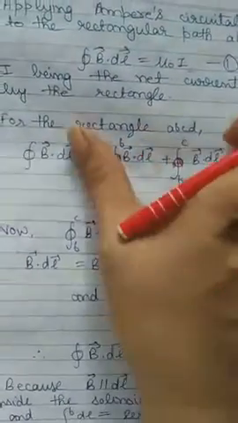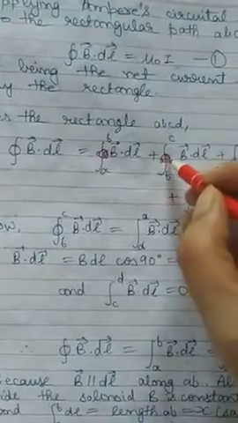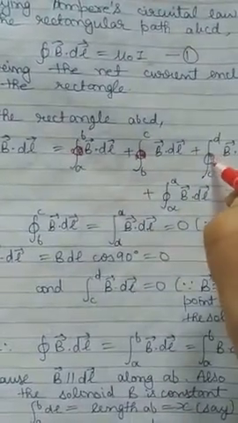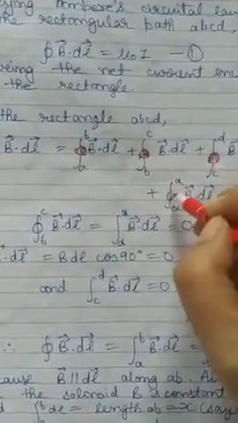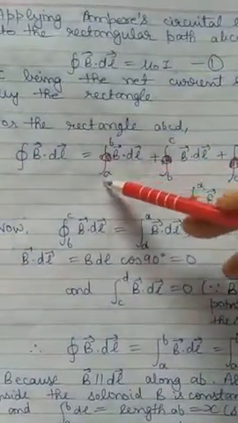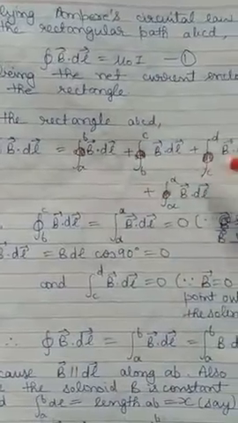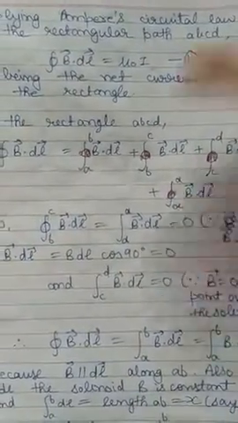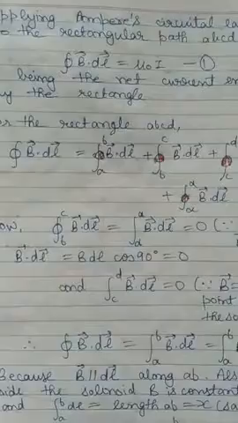Now we are summing over all the sides, so here the symbol is not the closed one, it will be the simple integral. Don't make this one closed. So this will be the simple integral from A to B, then B to C, then C to D, and then D to A. That will give the complete line integral of B dot DL.